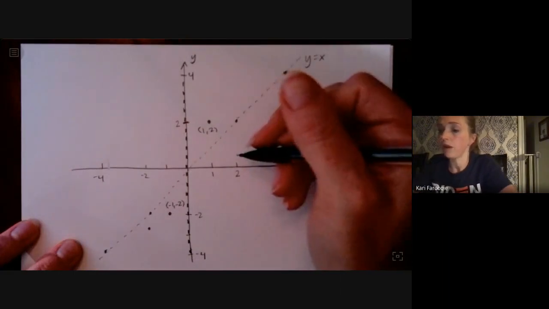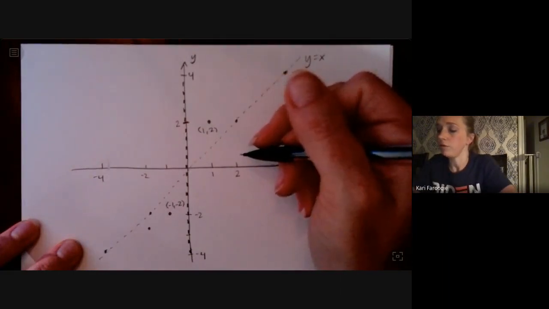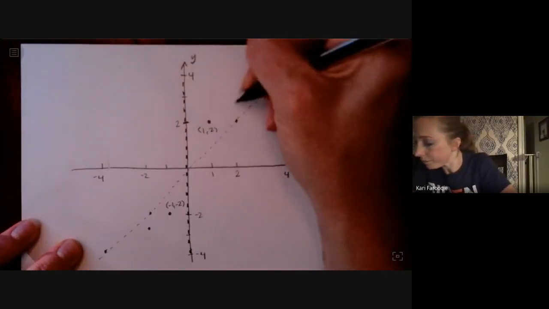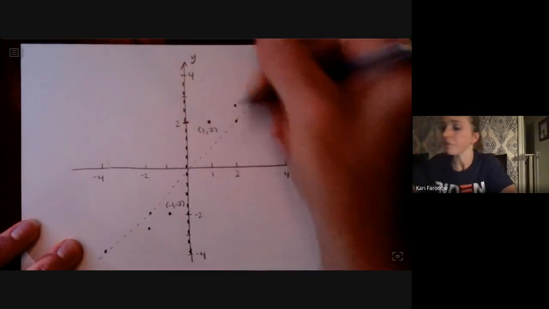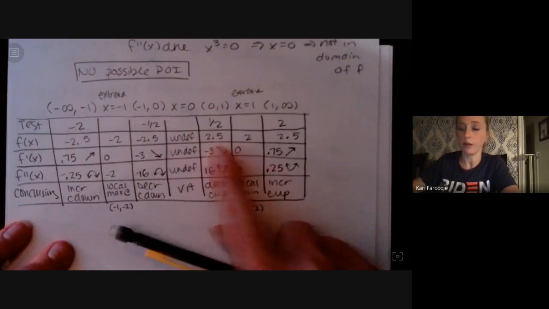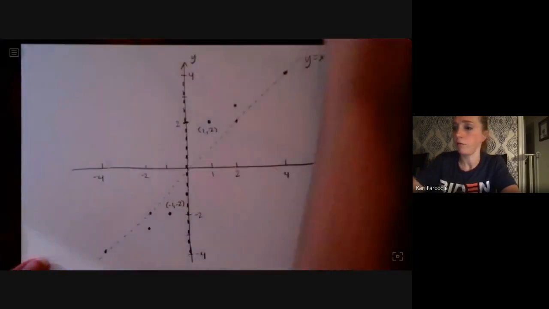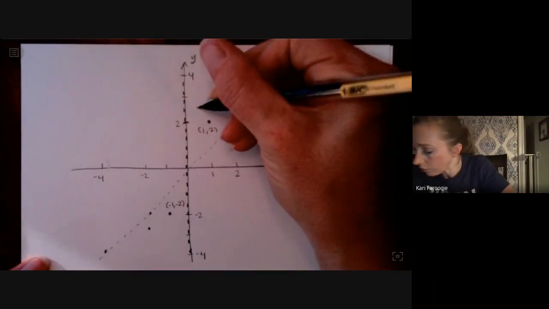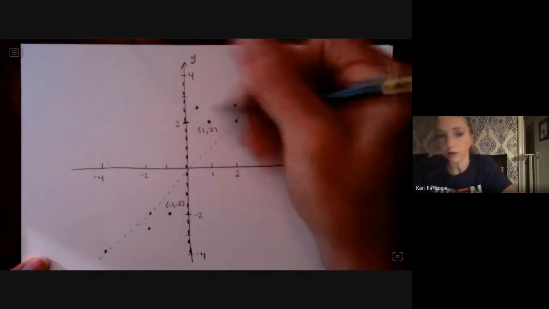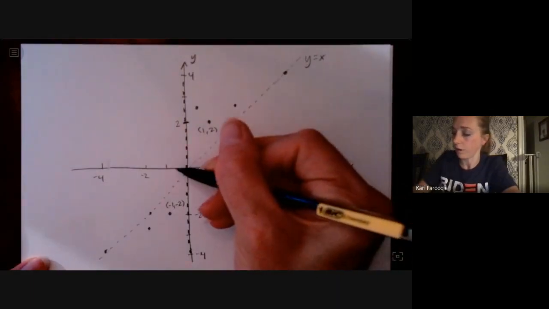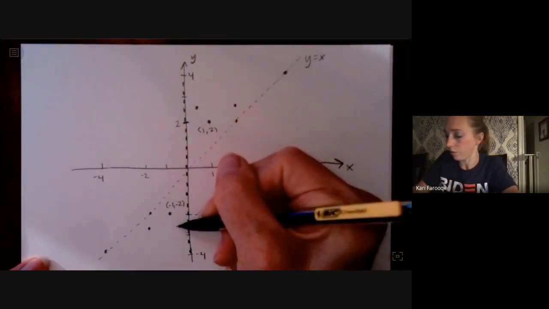And then you have a point at +2, +2.5, which is about right there. We also had points at 1/2, 2.5, and -0.5, -2.5. So 1/2, 2.5 is about right here. And then -1/2, -2.5.